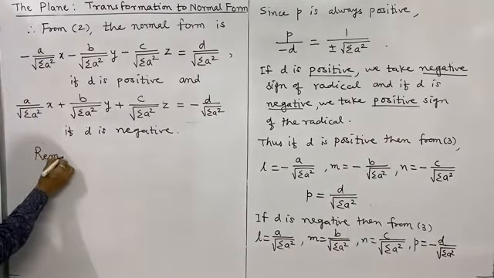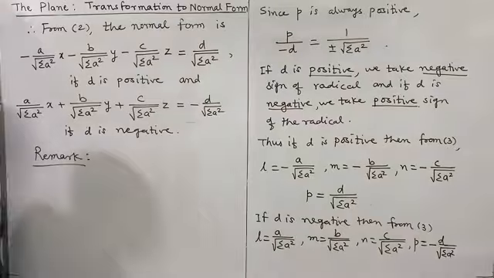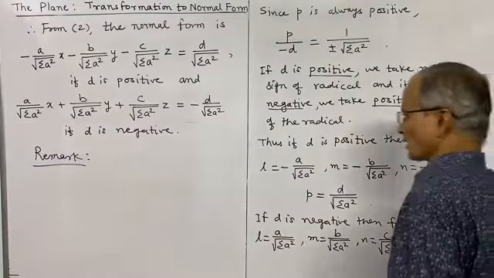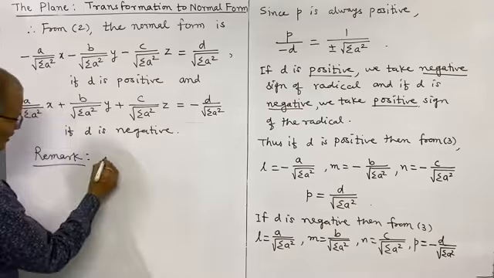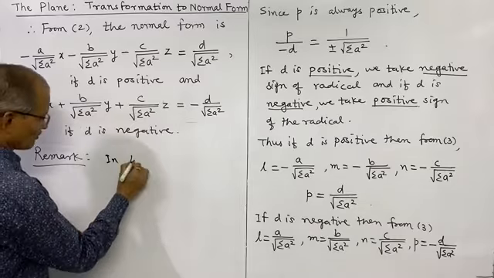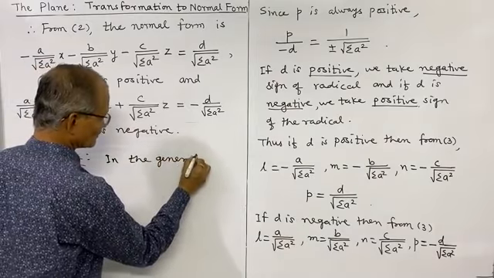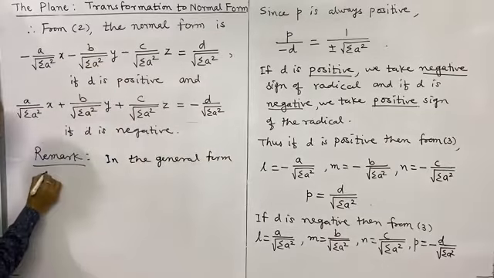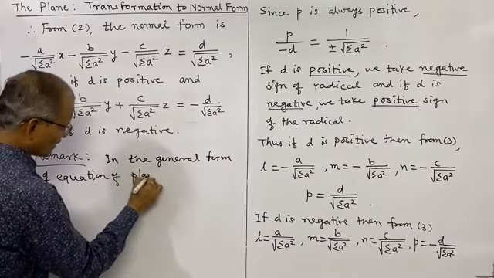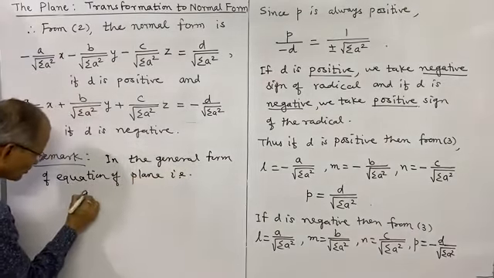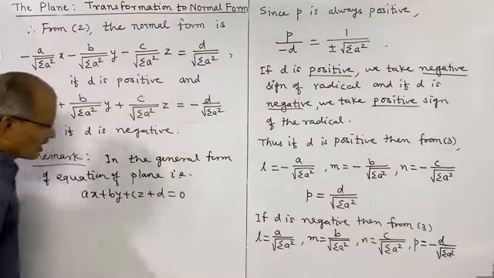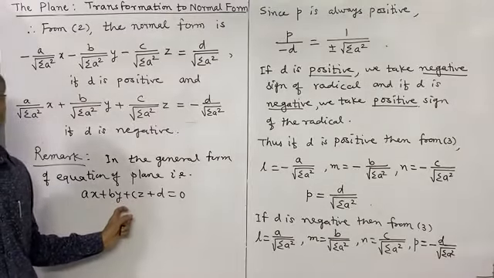Now before considering one example we will write a remark. In the equation of plane in general form the coefficients are A, B, C, and what A, B, C represent we shall write. In the general form of equation of plane, that is A into X plus B into Y plus C into Z plus D is equal to 0, these are proportional to the direction cosines of the normal.